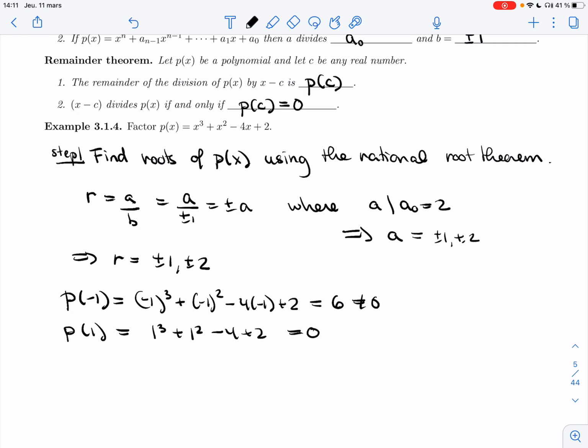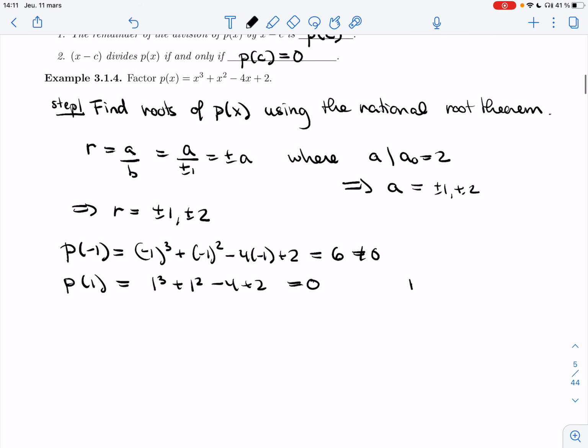I do get 0. And so as soon as I find a 0, I move on to step 2. Divide P of x by x minus your root.